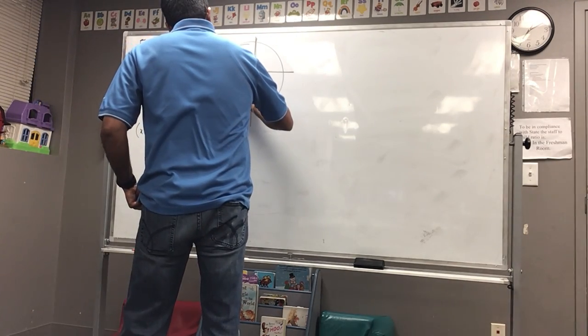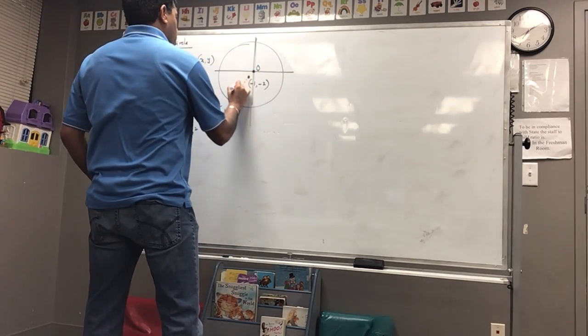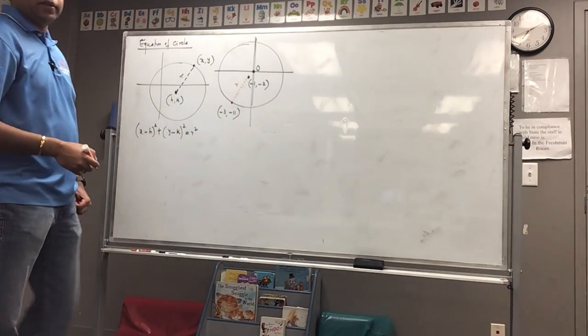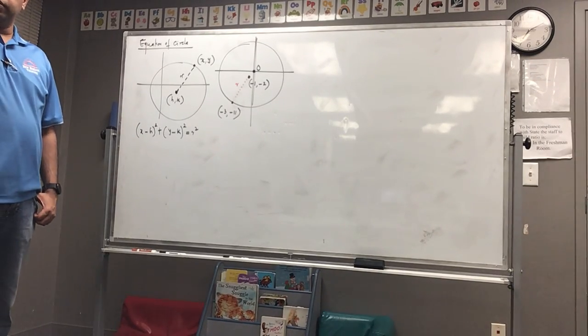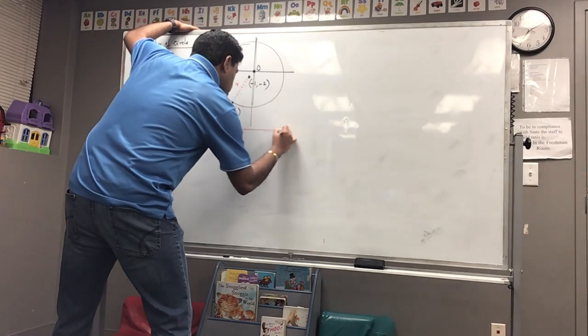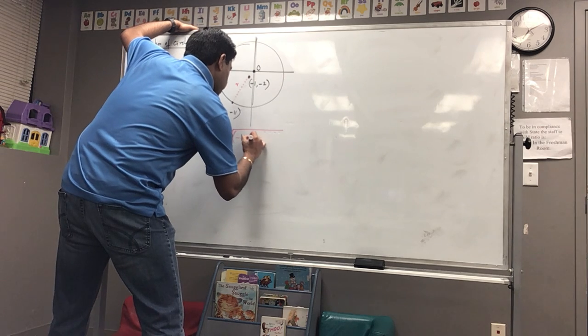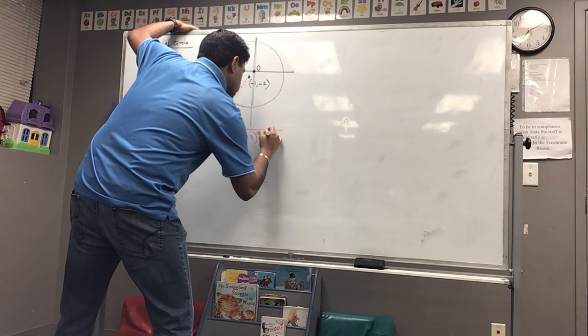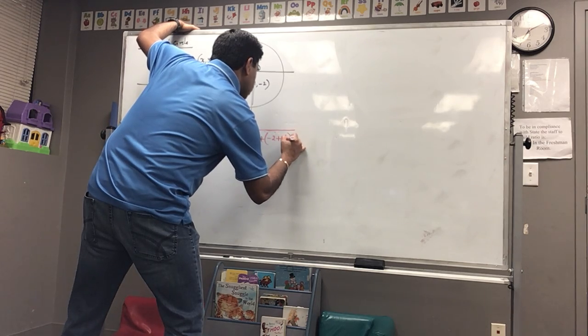So one thing in this particular problem, it had not given us the radius. Well, you can find the radius using the distance formula, right? So radius is equal to the square root of (x1 minus x2) squared plus (y1 minus y2) squared.